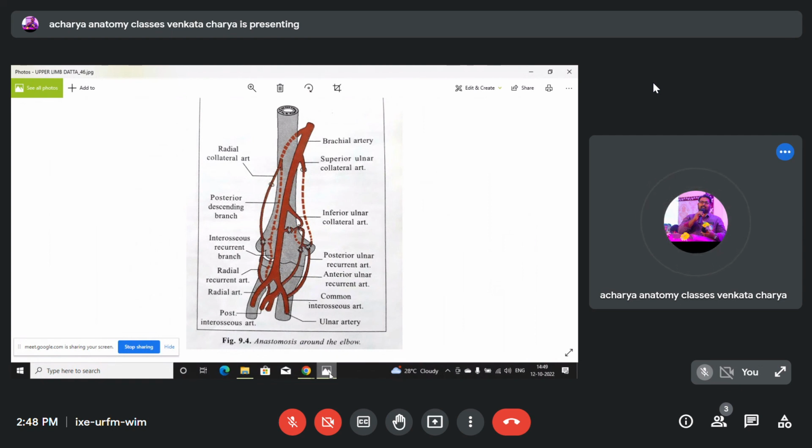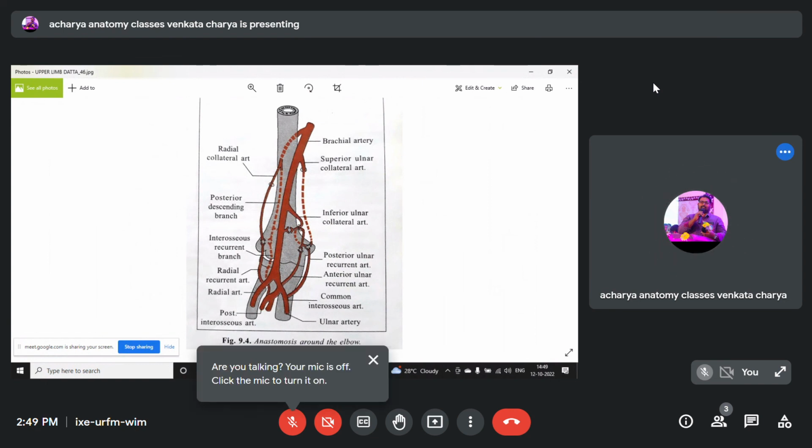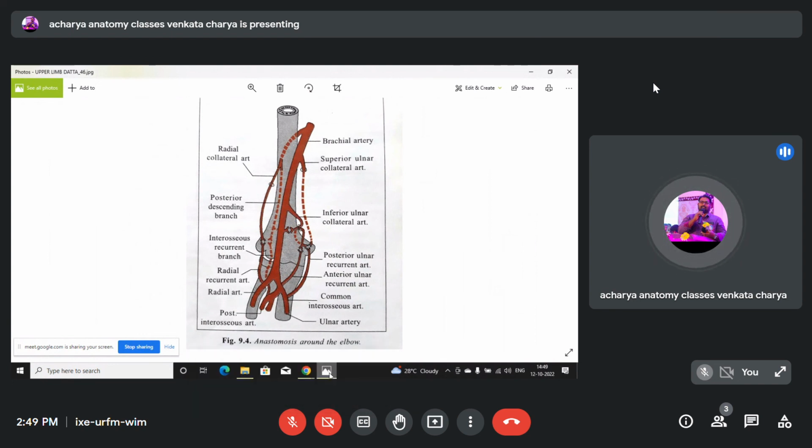Okay. Next, the posterior ulnar recurrent branch, the superior ulnar collateral branch and the posterior descending branch. These three unite to form an anastomosis. Come to the radial side.